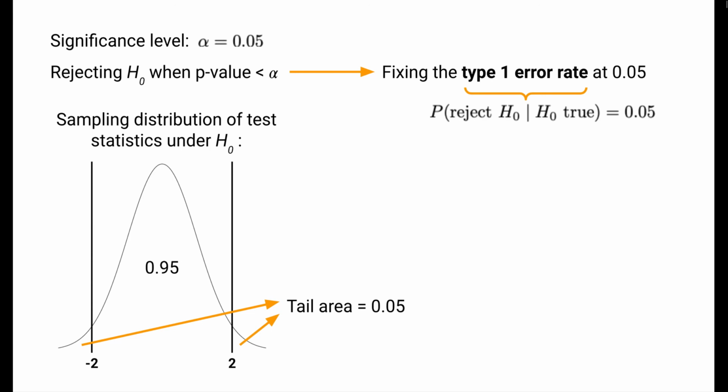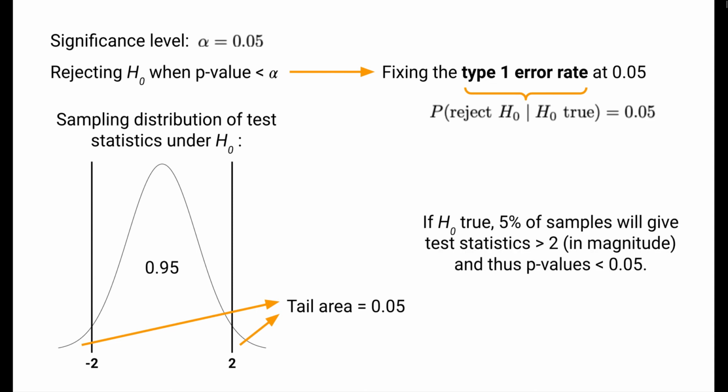In other words, the p-value being less than 0.05 is exactly when test statistics are larger than 2 in magnitude. If the null hypothesis is true, and we obtain a test statistic greater than 2 in magnitude, we're going to reject the null because the p-value will be less than 0.05, and this will be an incorrect rejection because the null is true. So how often will this error happen? 5% of the time by definition, because if the null is true, 5% of samples will generate test statistics larger than 2 in magnitude.